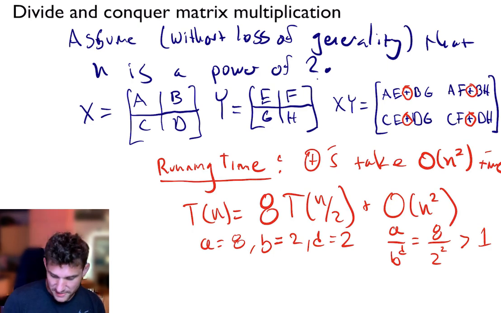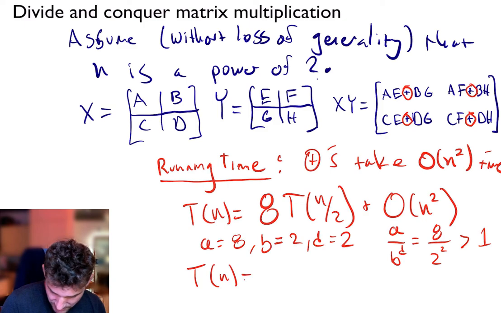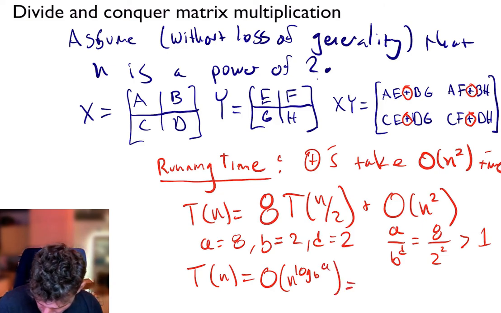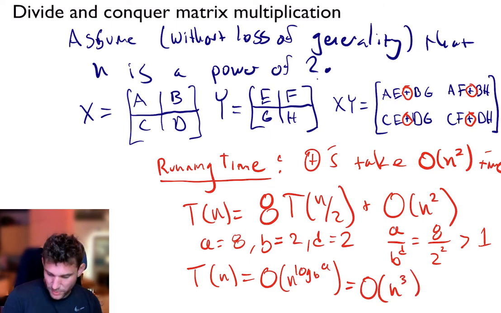In this case, using the master theorem, we have T of n equals O of n to the log base b of a, which equals O of n cubed. Why n cubed? Well, log base 2 of 8 is 3, so we end up getting an O of n cubed algorithm. Now you'll notice that this divide and conquer algorithm isn't faster than the algorithm we tried previously.